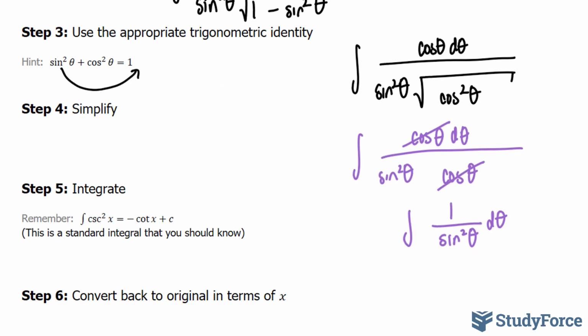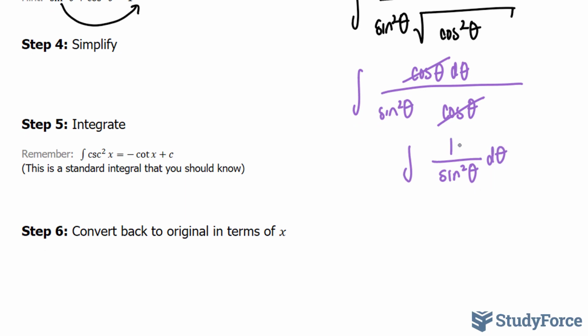Now for step 5, we have to integrate this. In the hint below here, we're told that the integral of cosecant squared x is equal to negative cotangent x plus c. Now, why are they telling us this? Well, remember, cosecant is a reciprocal trigonometric function that represents 1 over sine x. That being said, this is the same thing as cosecant squared theta d theta.